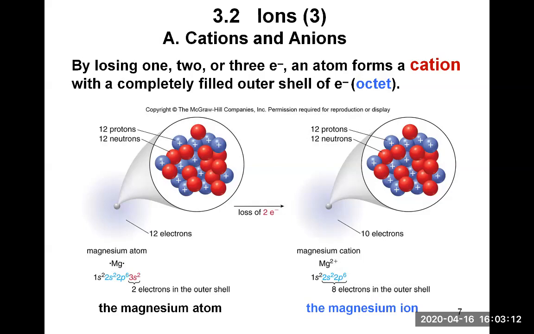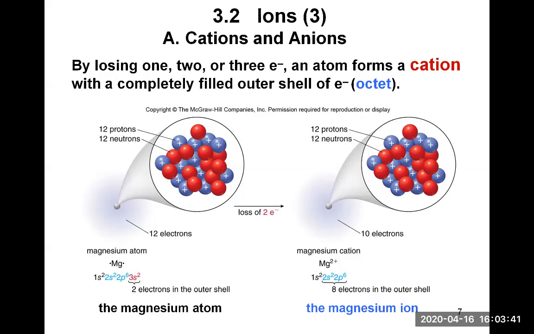By losing 2 electrons, it goes from 12 electrons to 10 electrons, but it still has 12 protons in the nucleus. So 10 of the protons will be cancelled out by the 10 electrons, but you will still have 2 protons that are not cancelled out. And this will show up as a 2+ charge for the magnesium ion.